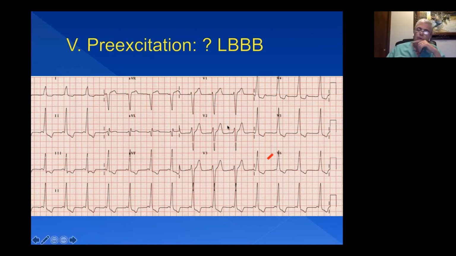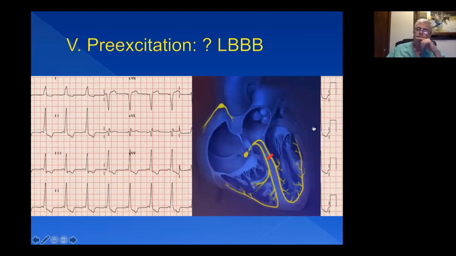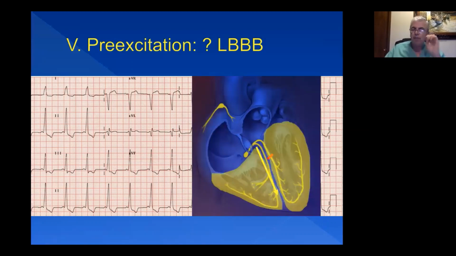And why would an accessory pathway give us a left bundle branch block appearance? Well, it's simple. In left bundle branch block, what happens? Activity goes down the AV node and goes down the right bundle. Since it cannot go down the left bundle, it activates the right ventricle before the left ventricle. And that activation of the right before the left gives us the left bundle branch appearance.